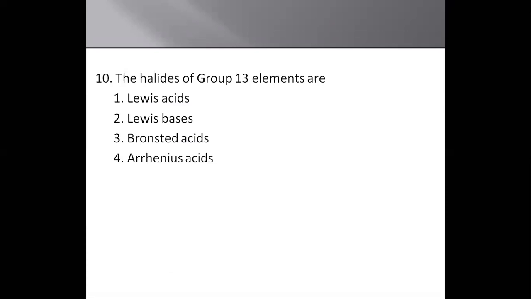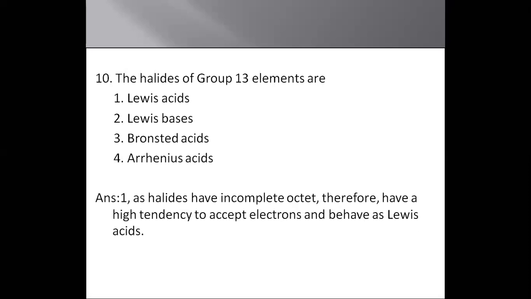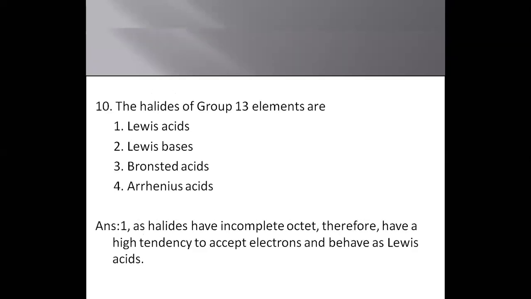Therefore, they may act to complete their octet structure. They may act as what? Lewis acid. As halides have an incomplete octet, they have a tendency to accept an electron pair and behave as Lewis acids, because to complete their octet structure, they need one more pair of electrons. That's the reason they act as Lewis acids.